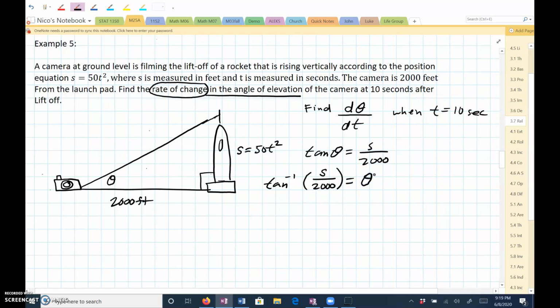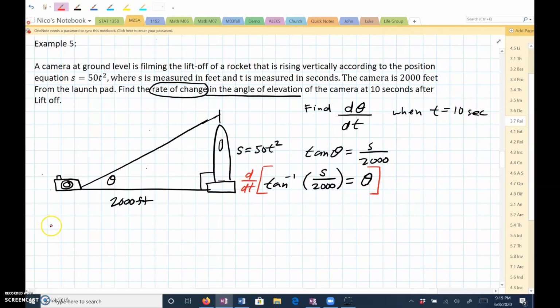Now if we take the derivative with respect to t, we'll have d theta dt. So let's take the derivative of this whole thing with respect to t.